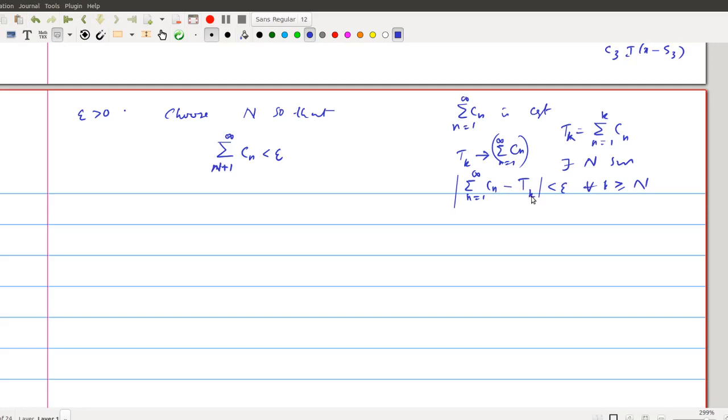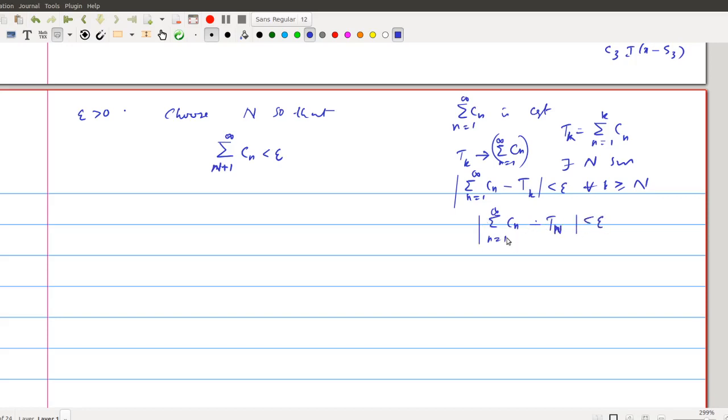So this is true for k equal to capital N as well. So that is, summation n equal to 1 to infinity Cn minus T capital N is less than epsilon.